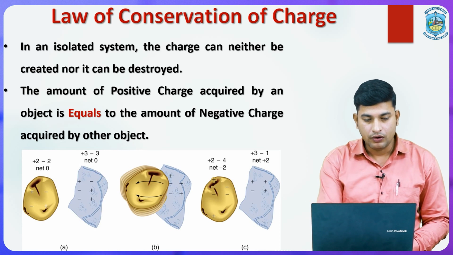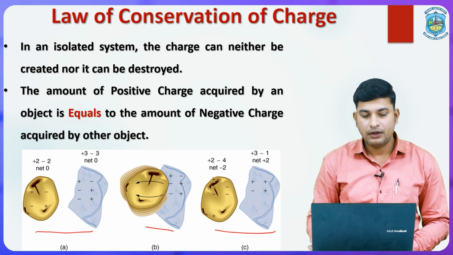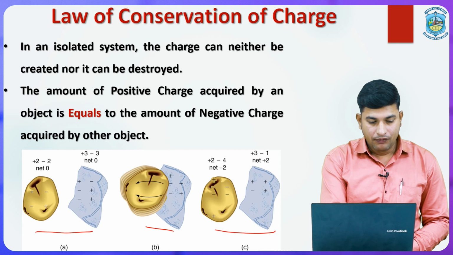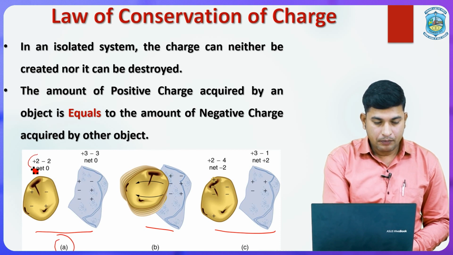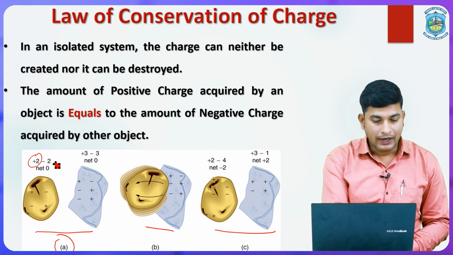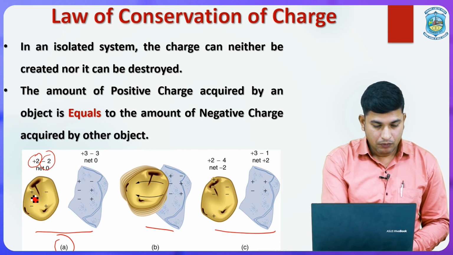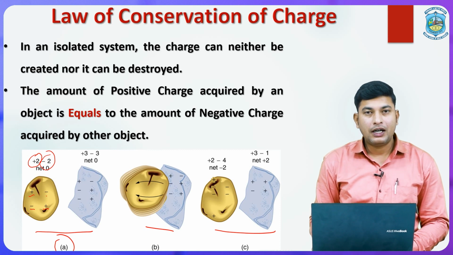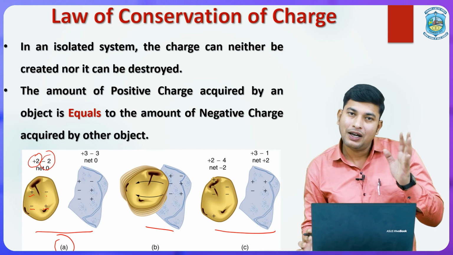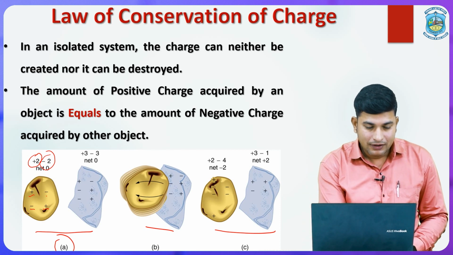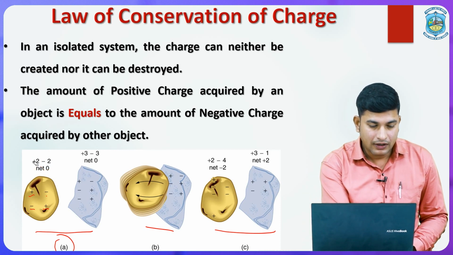The image is shown: A portion, B portion, and C portion. See, in the first image of A, there are positive and negative charges of equal value, meaning positive protons and negative electrons. So the net charge is 0.